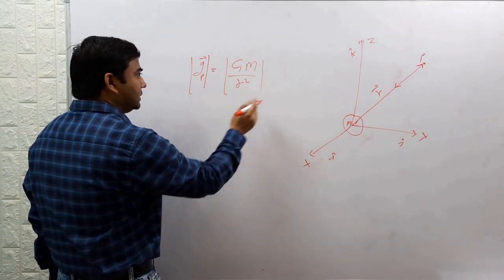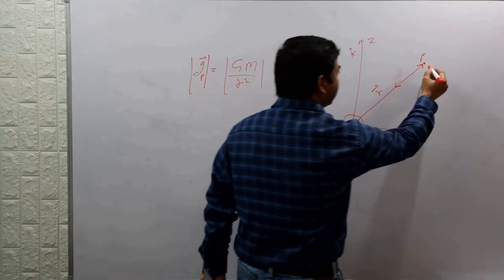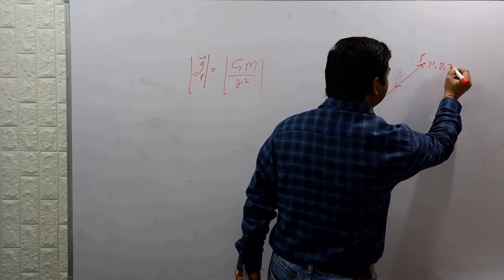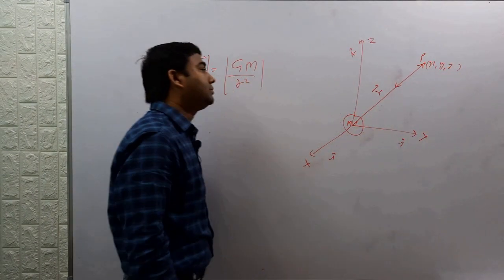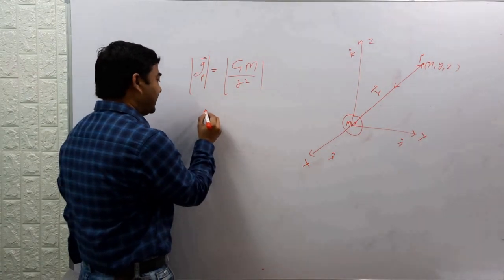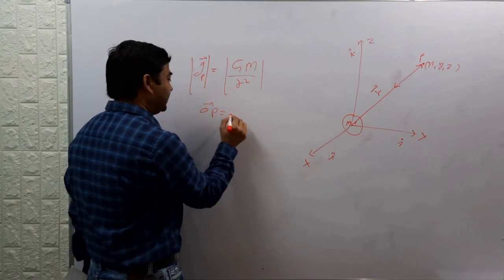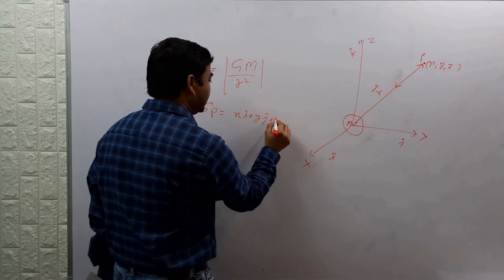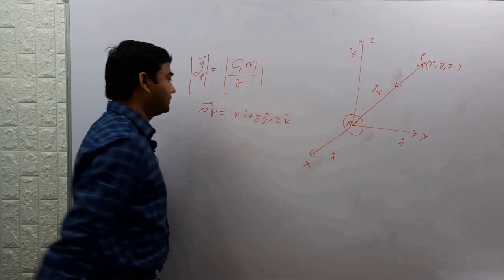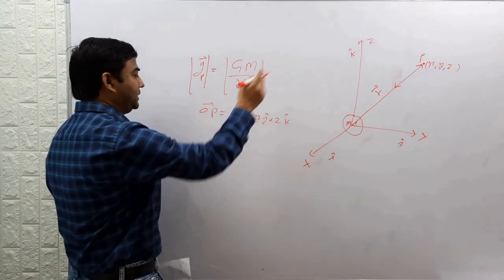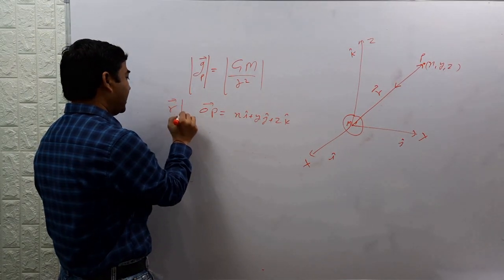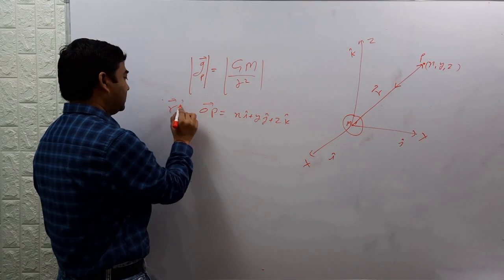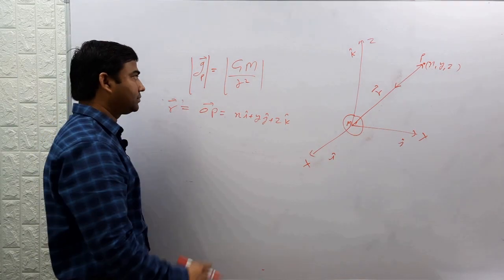Now let this point be x, y, z. So the position vector OP can be written as xi plus yj plus zk. The position vector OP, or you can say vector r, can be written like this.